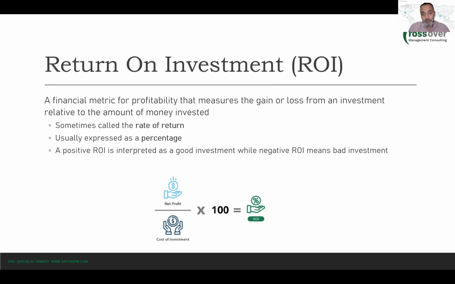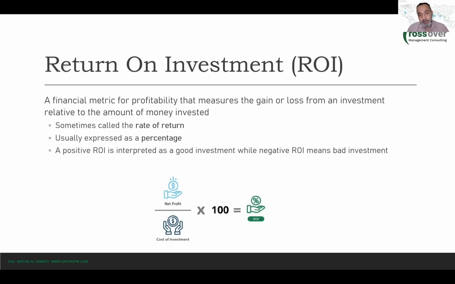For instance, if a project will give you a net profit of, let's say, 100,000 USD, and the cost of investment is 200,000 USD, then the ROI is 50%, right?